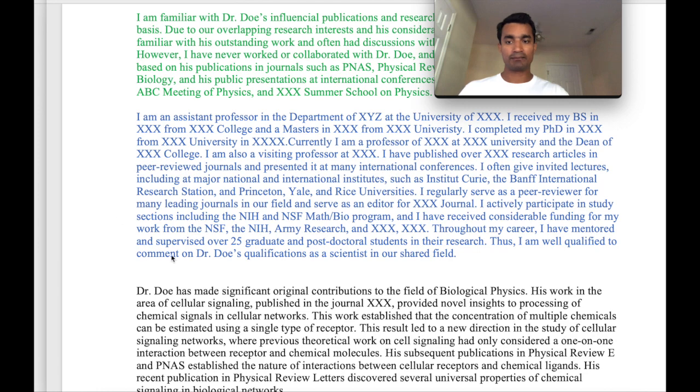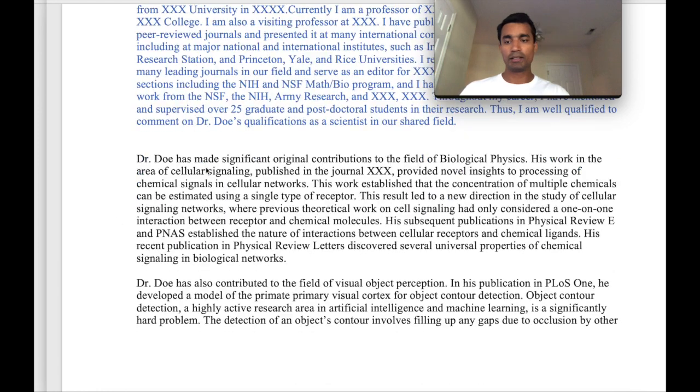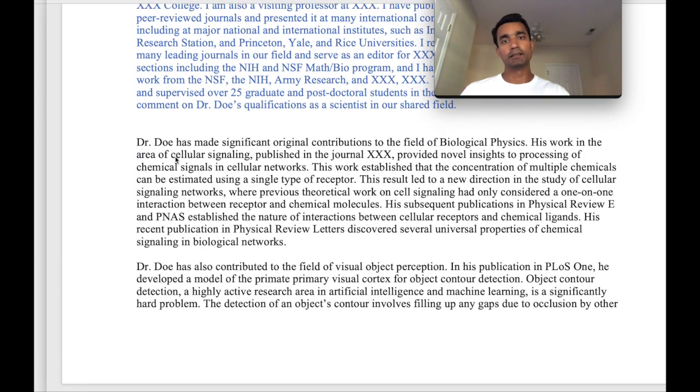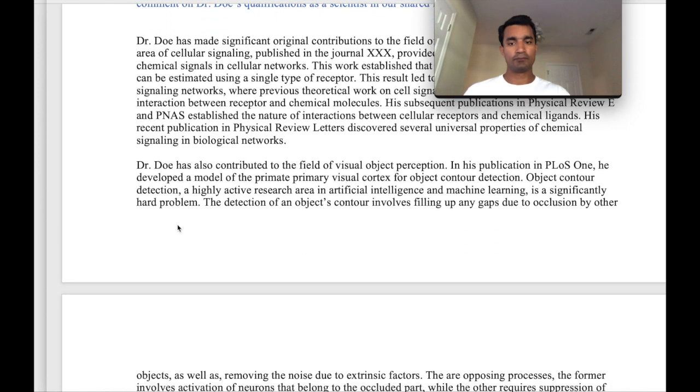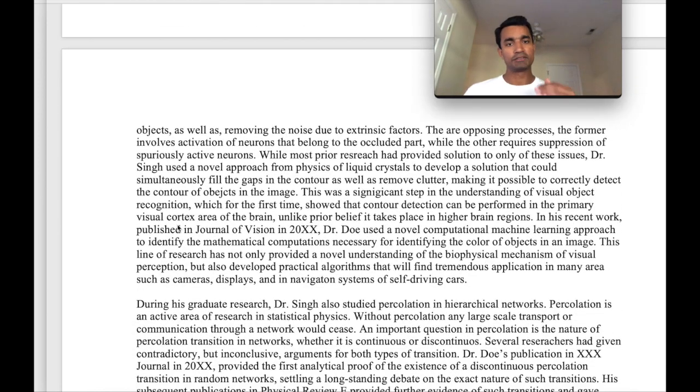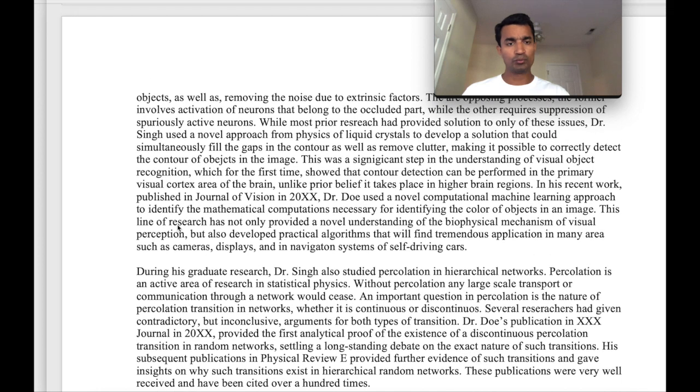After this paragraph is concluded, then this is the bulk of the letter, where they are going to talk about each and every contribution. So here the way it's written is that this is a small summary of my research accomplishments, and then there are several paragraphs in which each one of my research, I think there are only one or two which are highlighted here.